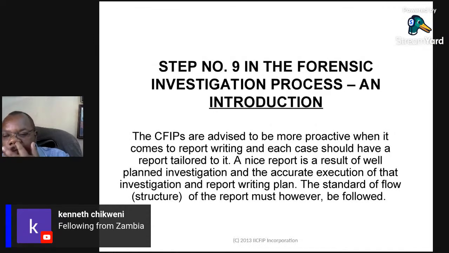Number two, the sub teams will have the instruction to carry out preliminary editing to the report.